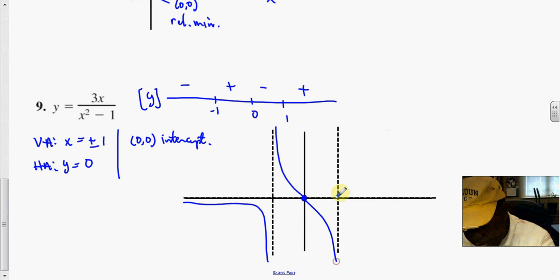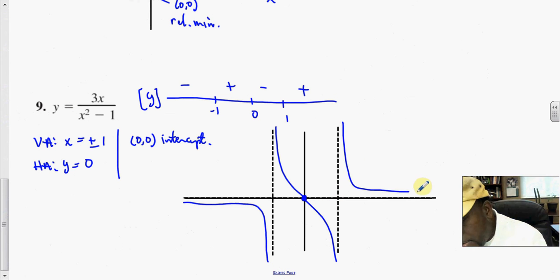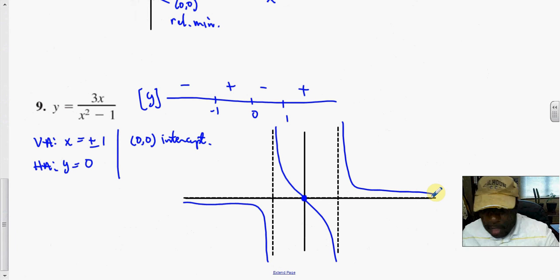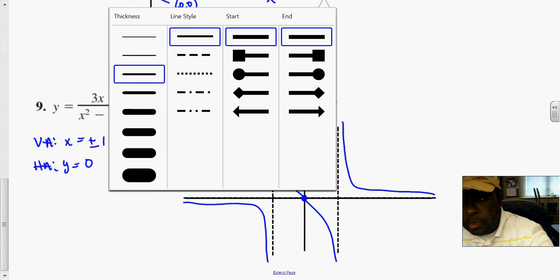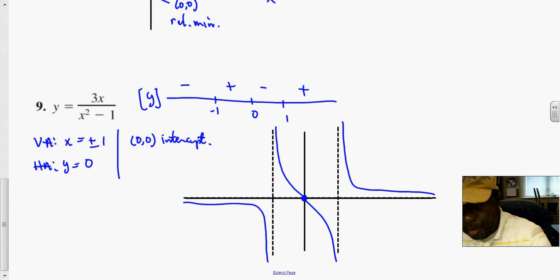It goes downstairs. And then from 1 to positive infinity, it's positive. It's always above the x-axis and hovers always close to its asymptotes. I thought something was supposed to be red, but it didn't come out as red, but that's fine.